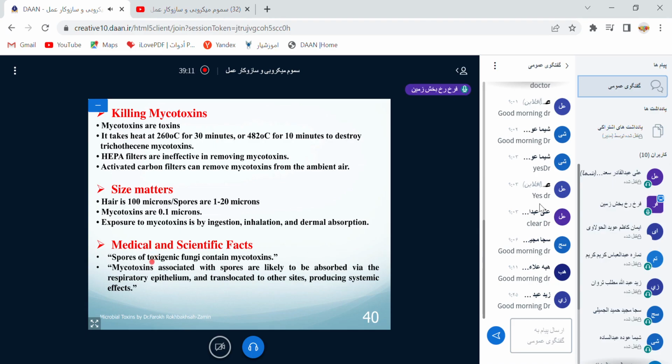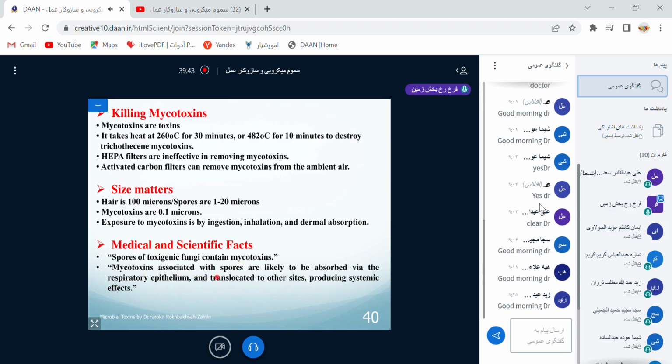Medical and scientific facts. Spores of toxigenic fungi contain mycotoxins. So not only the vegetative form of the fungus contains mycotoxin, but also spores of fungi contain mycotoxins.